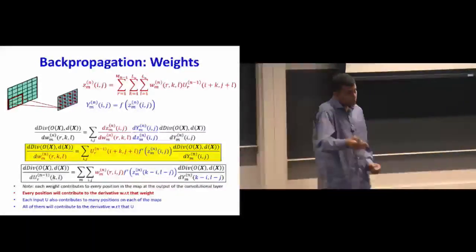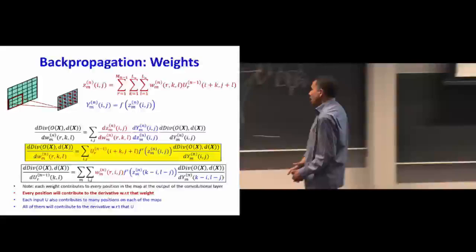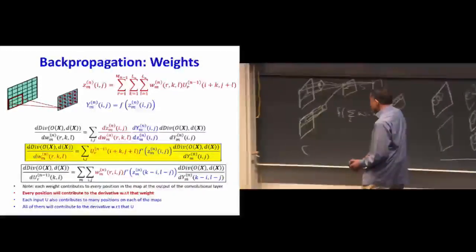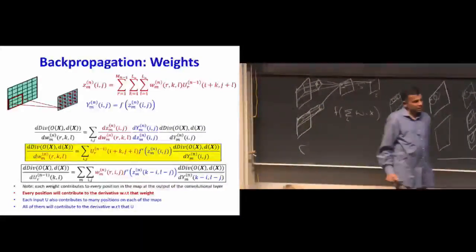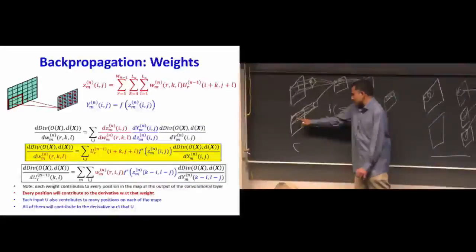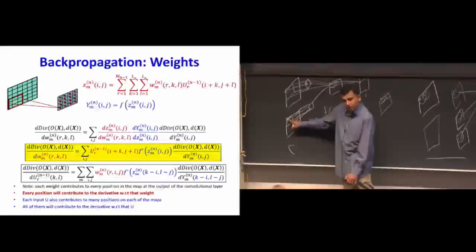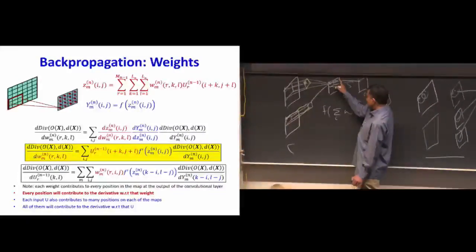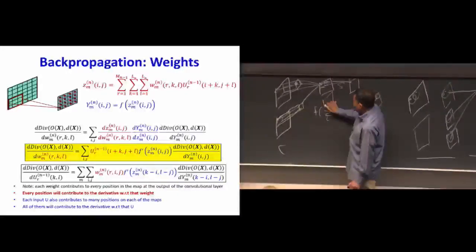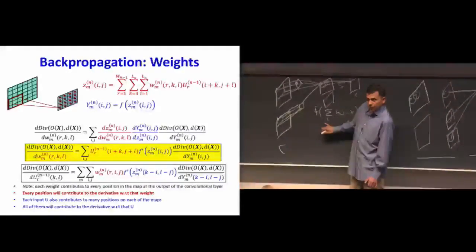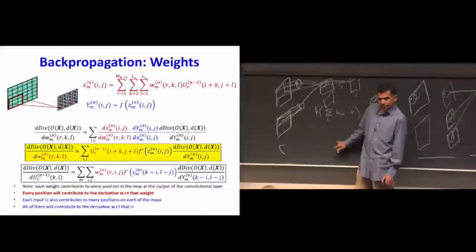The same thing happens when you're trying to compute how changing this one guy changes the divergence. Changing this one guy is going to do something very interesting. It's going to change every value out here, but it's also going to change every value in the next plane, and the next plane, and the next plane, and so on.